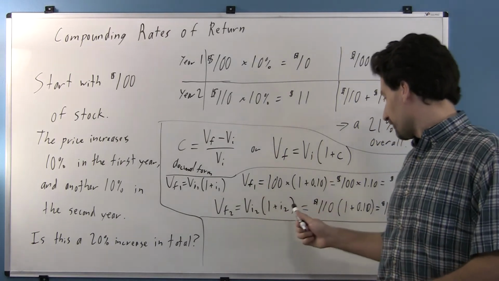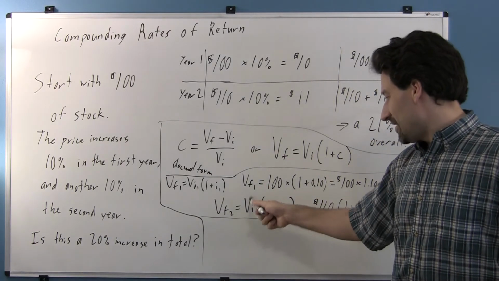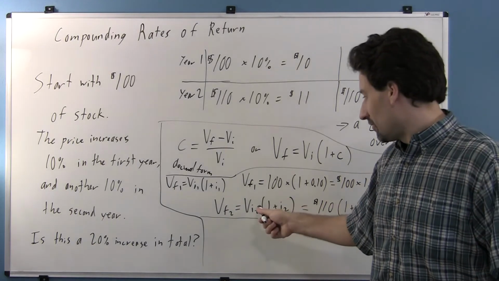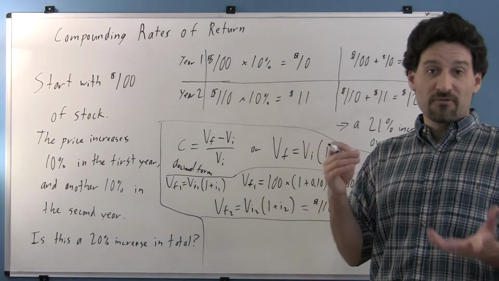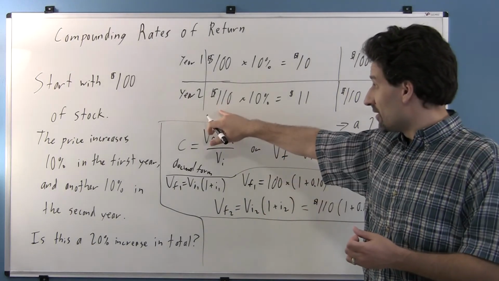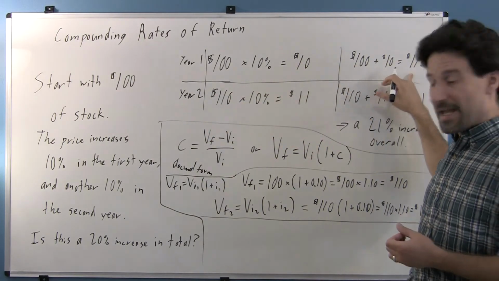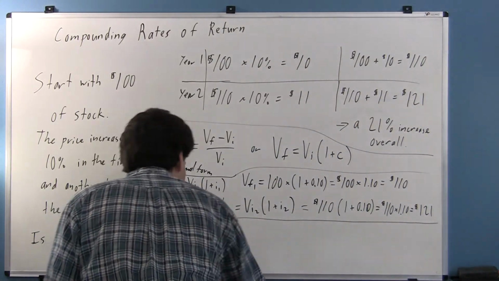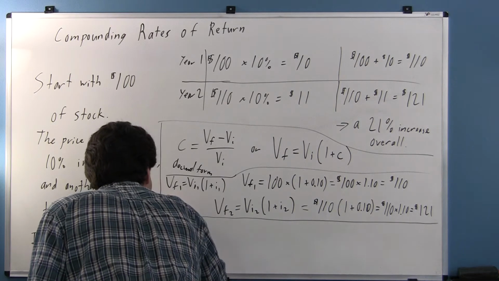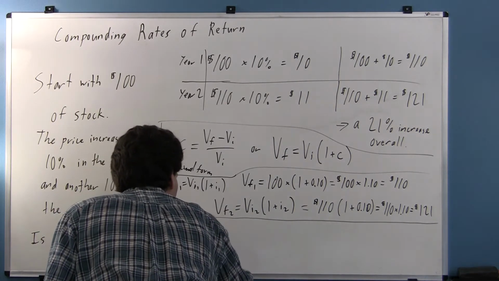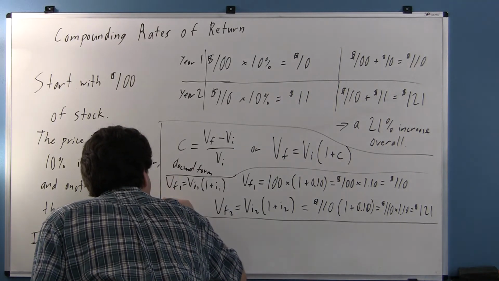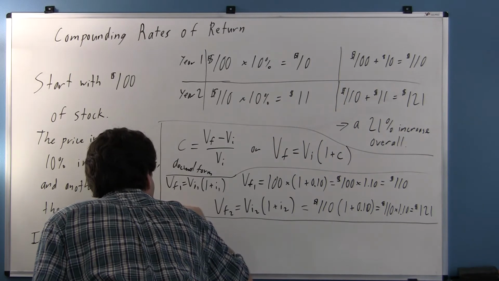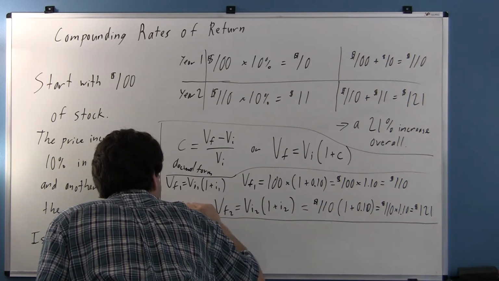So, right. V initial 2, so the starting value at the start of year 2 was the end amount from the end of year 1. That's the one other thing I meant to write in there, pardon. So VI2 was equal to VF1.